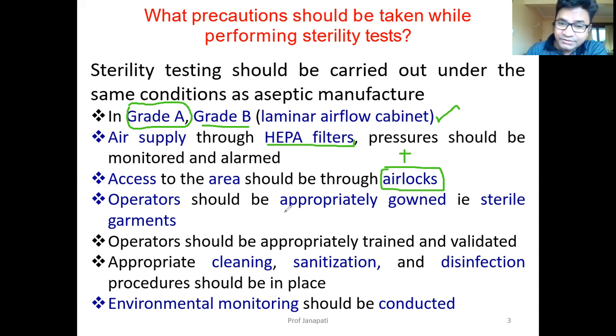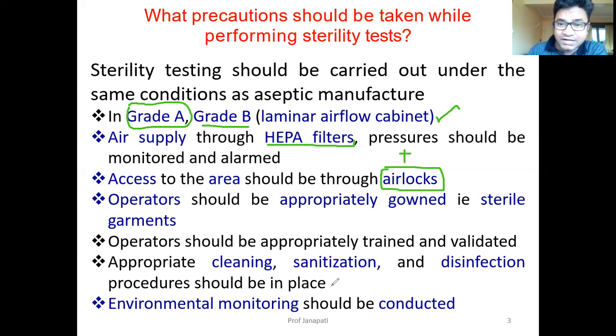Then operator should be appropriately gowned. Sterile garments he has to wear. The persons who are involved here need to be well trained and validated. Appropriate cleaning, sanitation, and disinfectant procedure should take place.